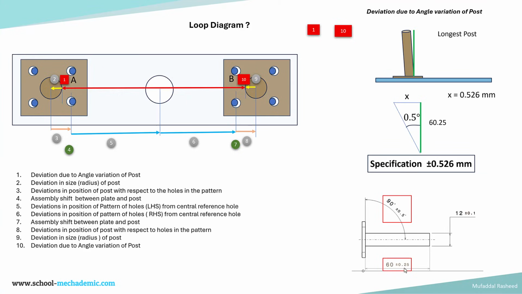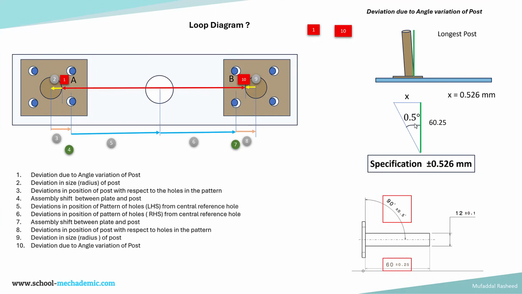When it is at 60.25, that is the maximum possible gap which will be created. So basically we are creating a right angle triangle by connecting this straight line with this inclined line of the post, and this value of x will be the highest when the post is longest. So that we are calculating.